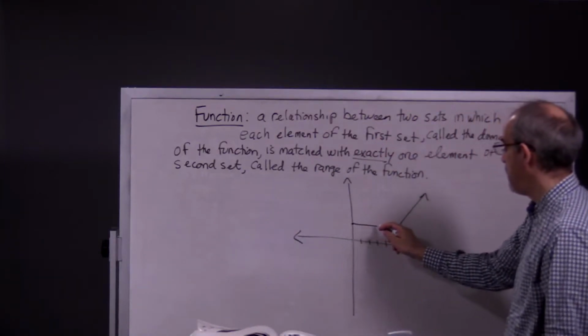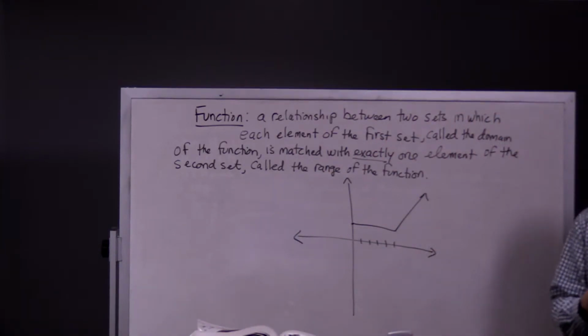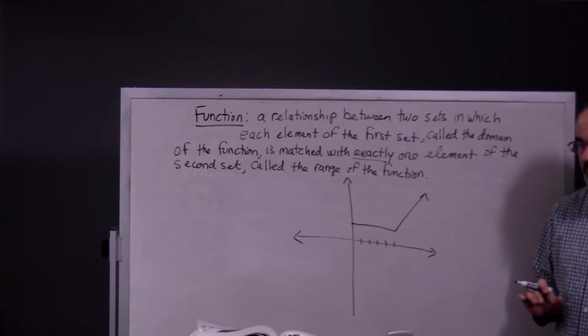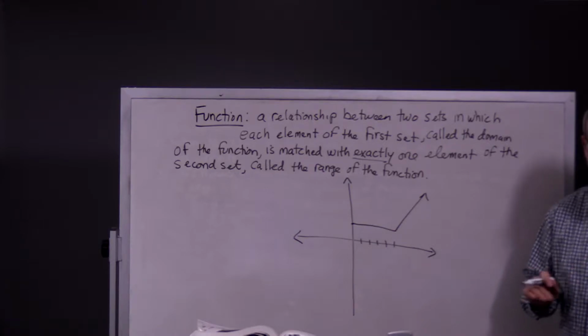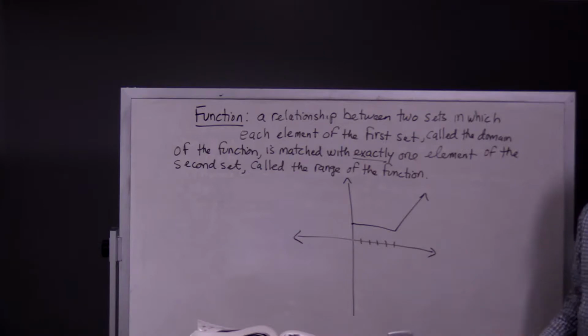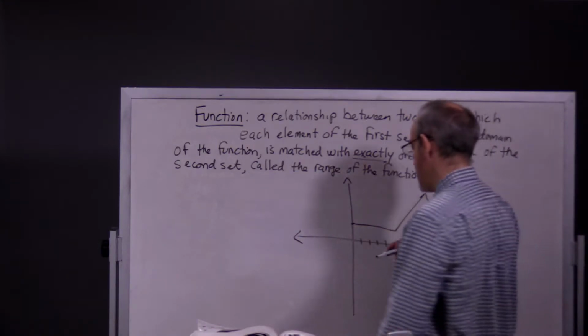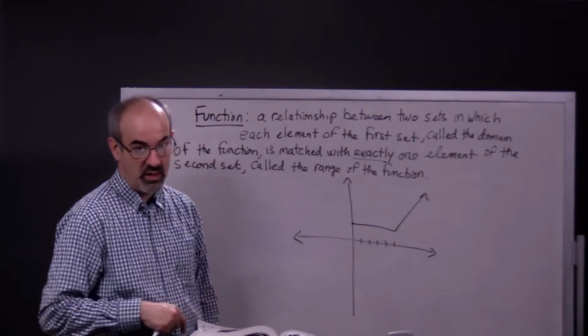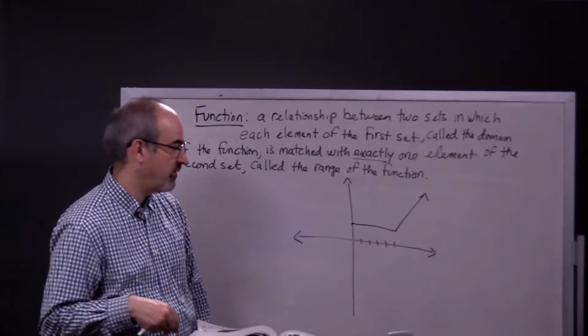This is the graph. Is that a function or isn't it a function? Pause the video if you want, and we can talk about it after you're done pausing the video. So the answer to this is that this is a function. The reason is each element of the first set is matched with exactly one element of the second set.